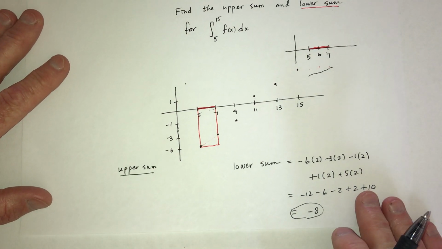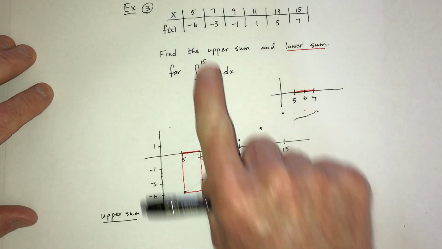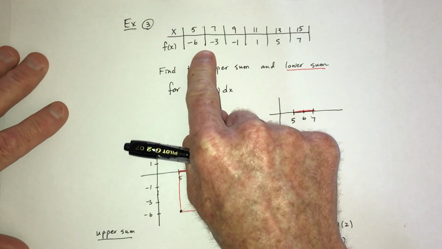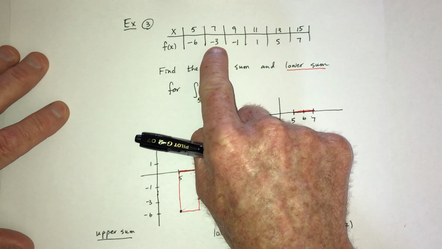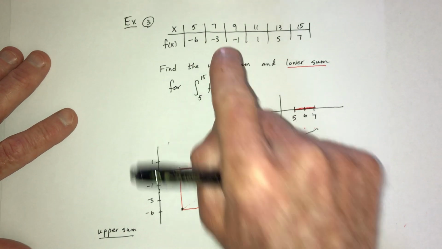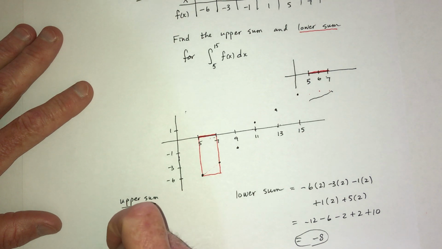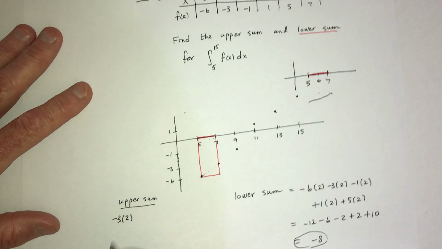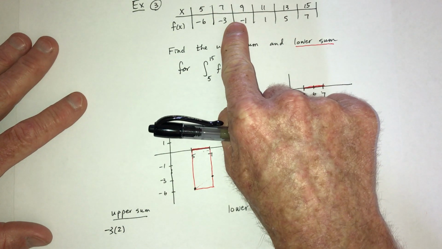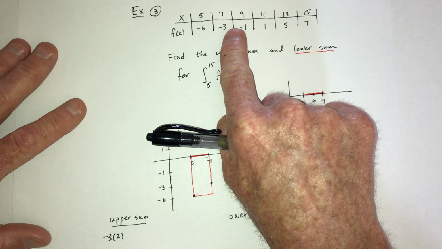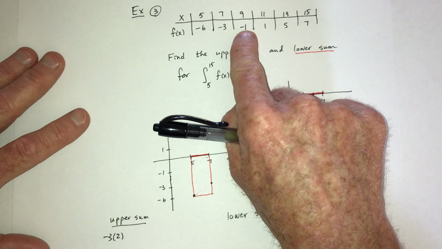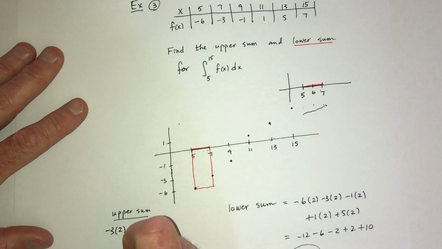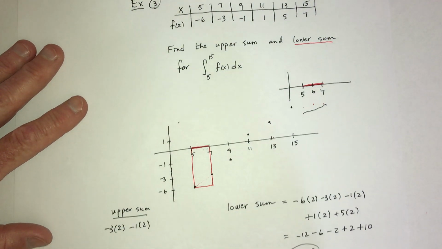Then for the upper sum, now I think I can do it a little bit faster, because it's basically saying when you're going from 5 to 7, which one is the bigger number? That's going to be the -3. So you would have -3 times the width of 2. Then you go on to the next interval from 7 to 9. Which one's the upper number or the bigger number? That would be the -1. So then it's going to be -1 times the width of 2.